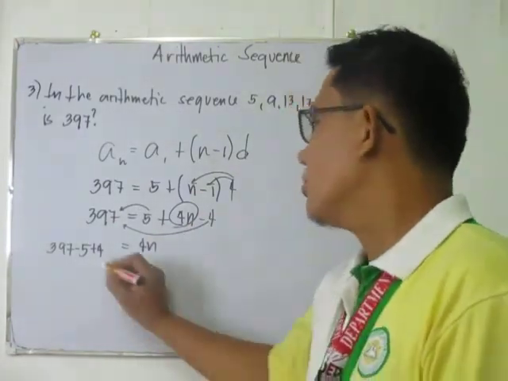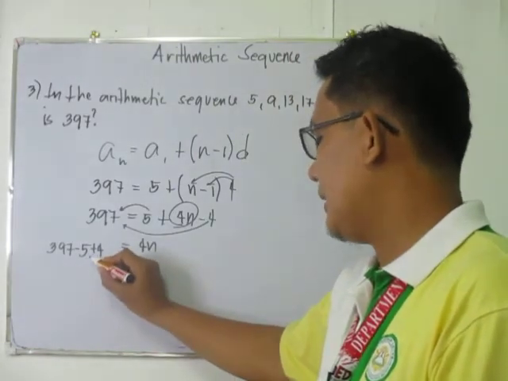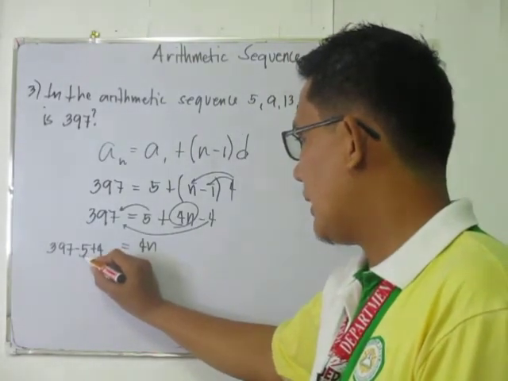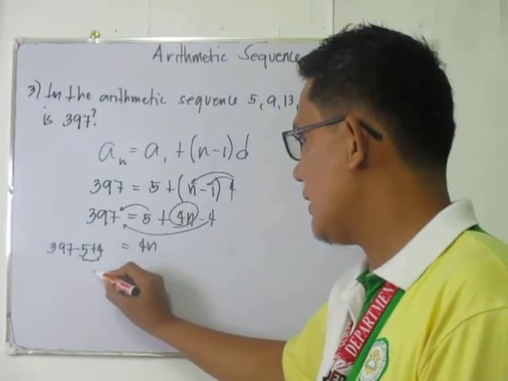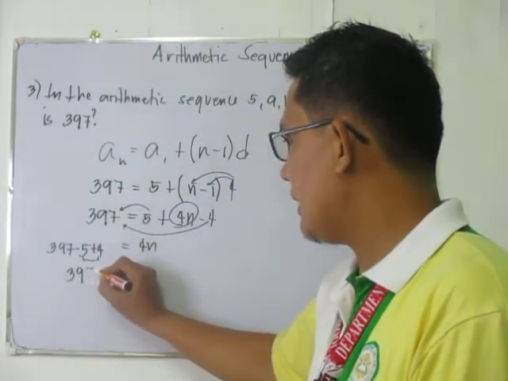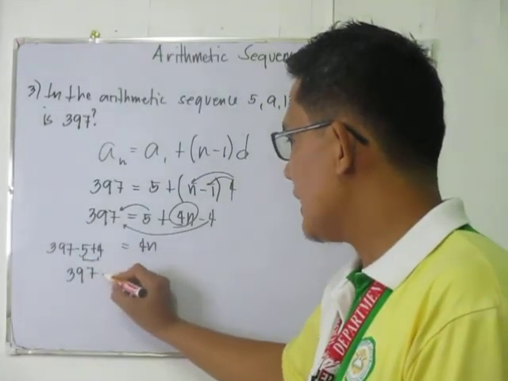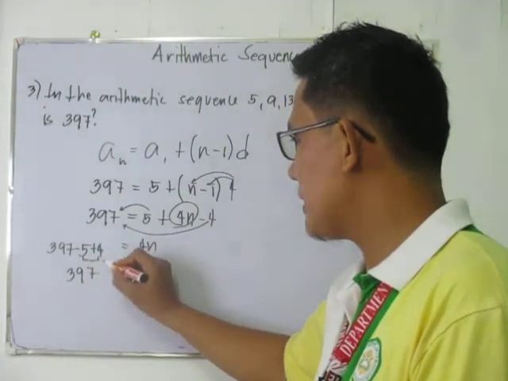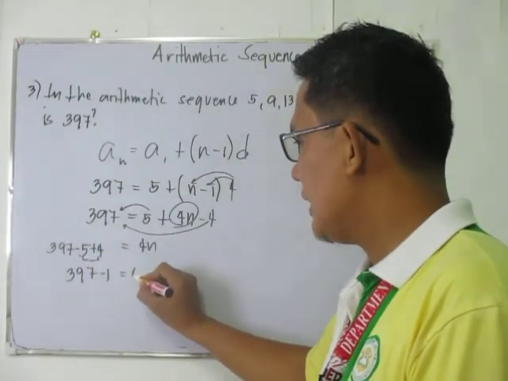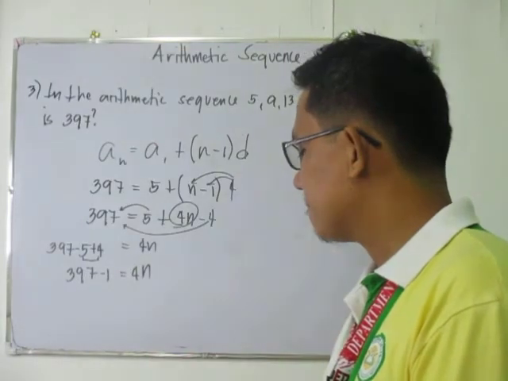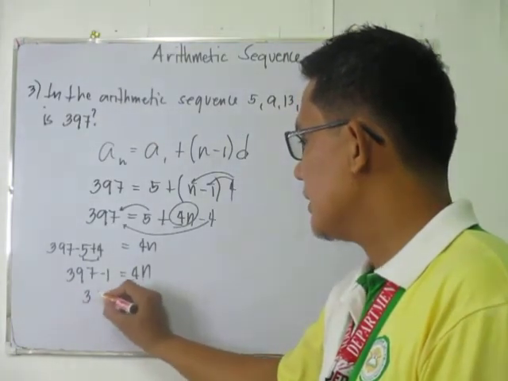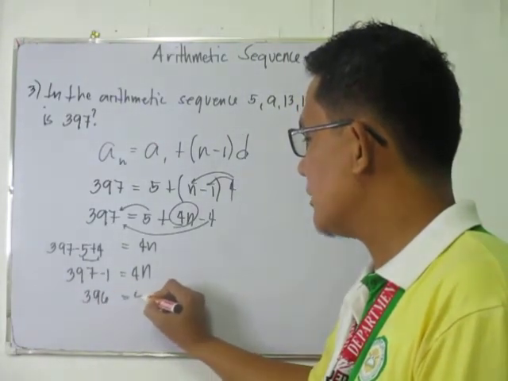To simplify this faster, we can simplify this part first. That becomes 397. What is the simplified answer of negative 5 and positive 4? That is negative 1 is equal to 4n. This becomes 396 is equal to 4n.